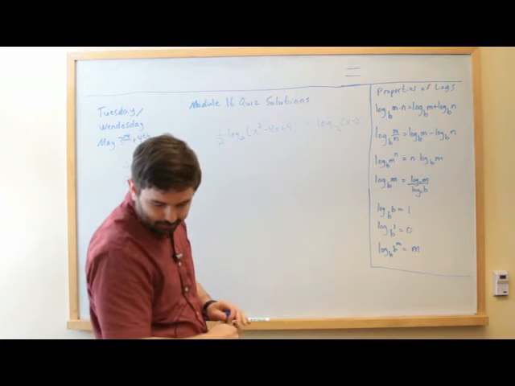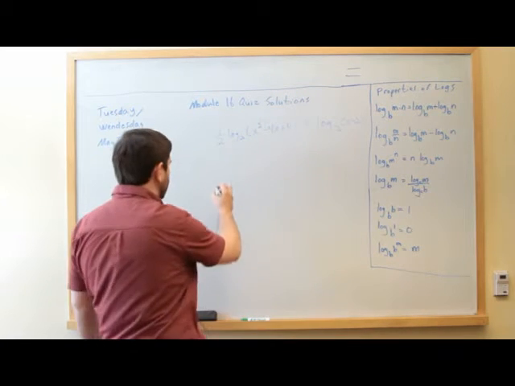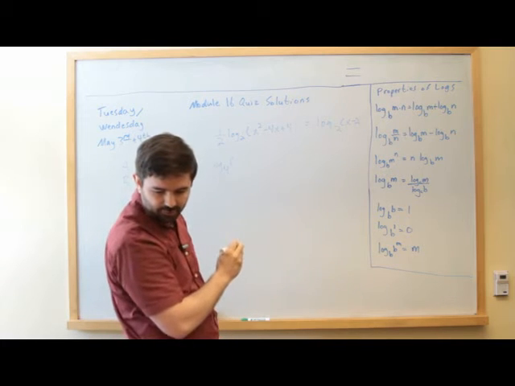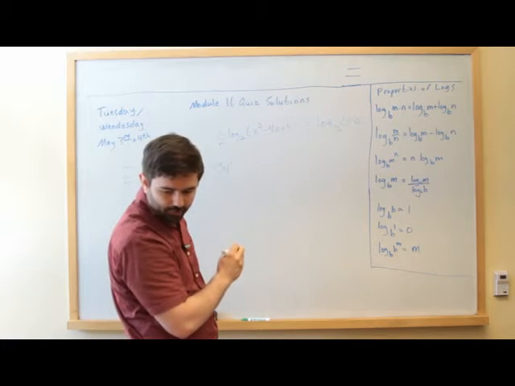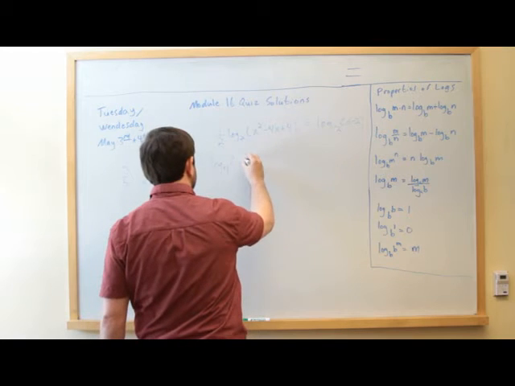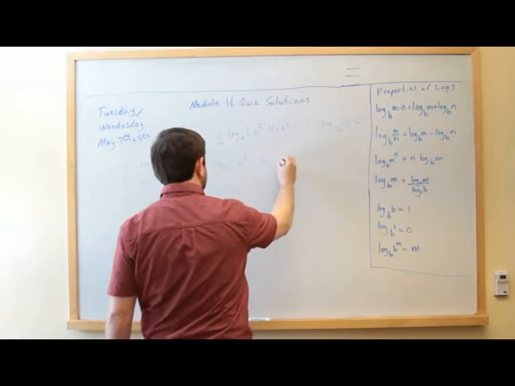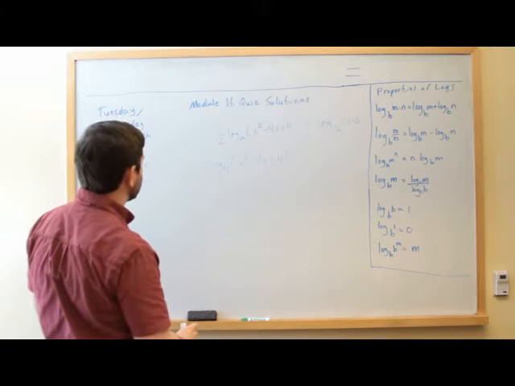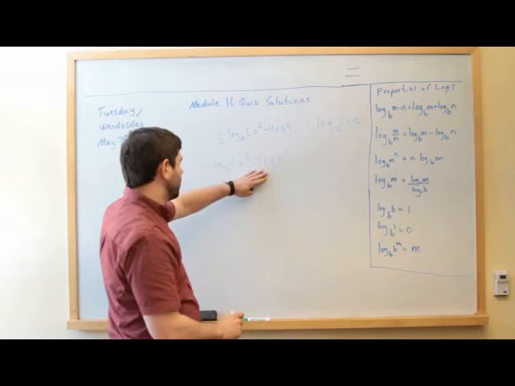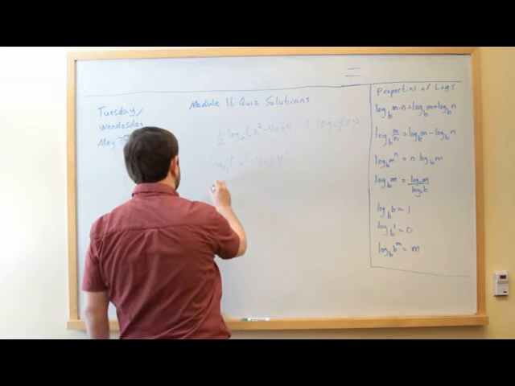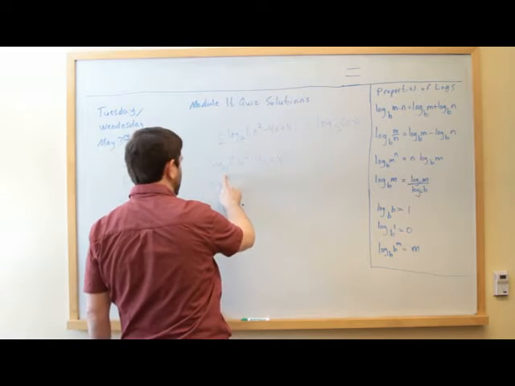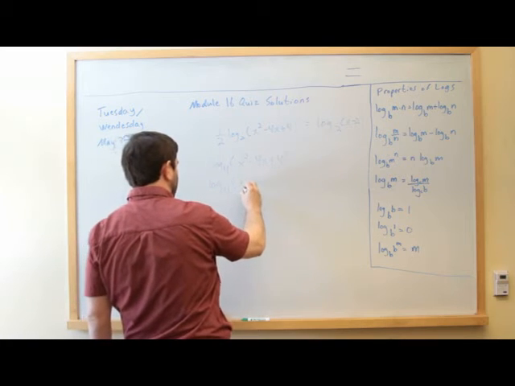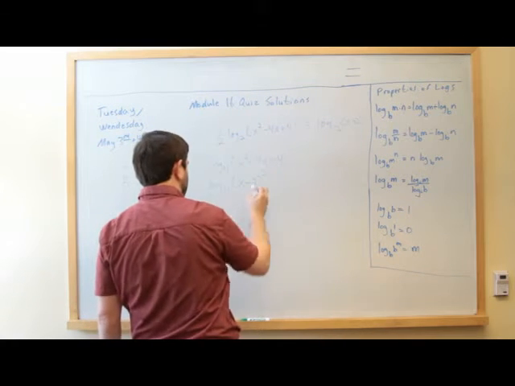It's not too bad. Log base 4 of x squared minus 4x plus 4. Does that equal log base 2 of x minus 2? Well, let's factor. Log base 4, and we have different bases too, so I'm thinking a change of base rule might be in order. X minus 2 squared.